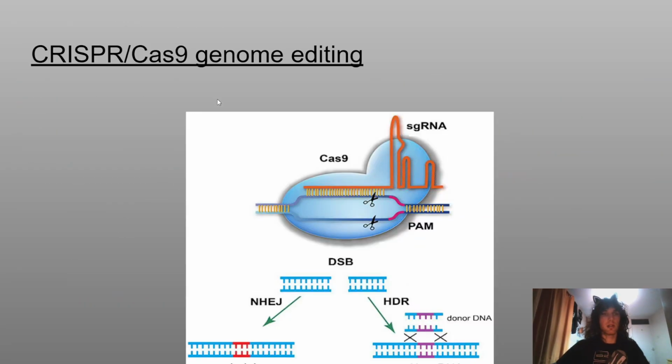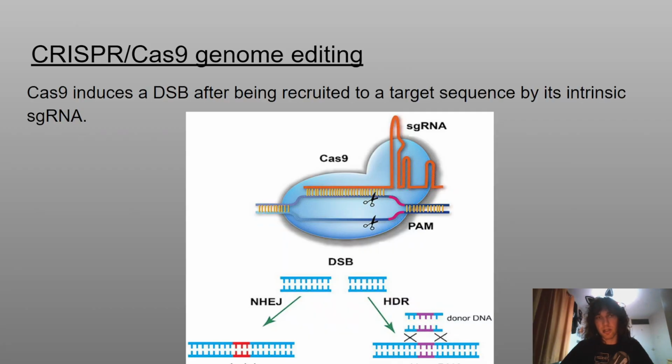Very cool. And then the final way of creating an animal disease model is CRISPR-Cas9. How this is done is Cas9 induces a double-stranded break after it's been recruited to its target sequence by its intrinsic guide RNA, this sgRNA.